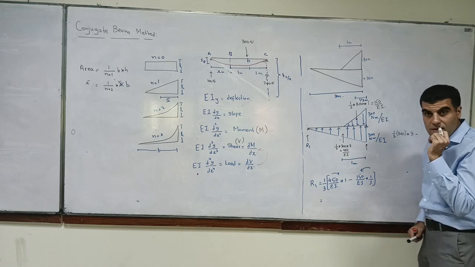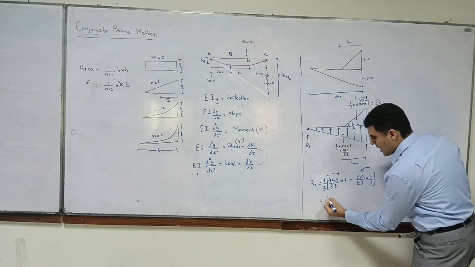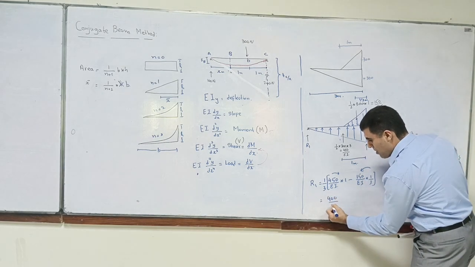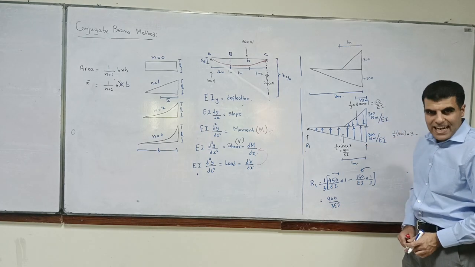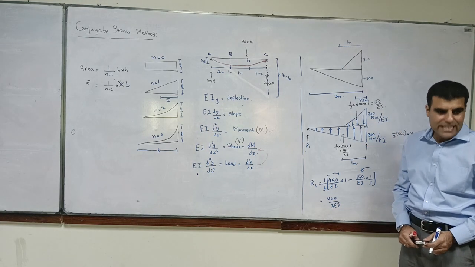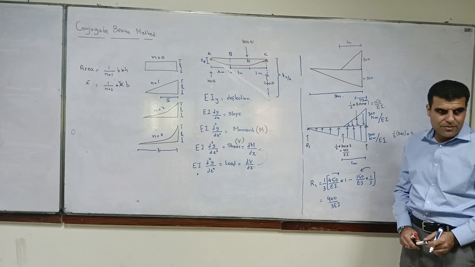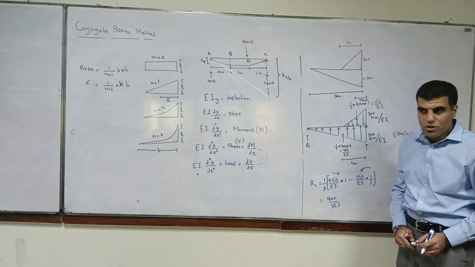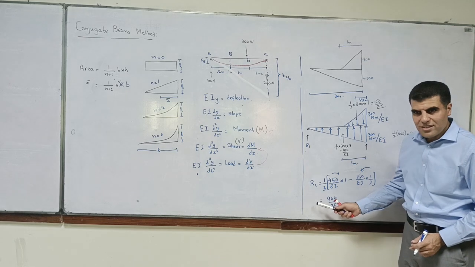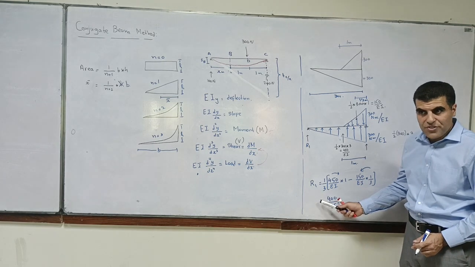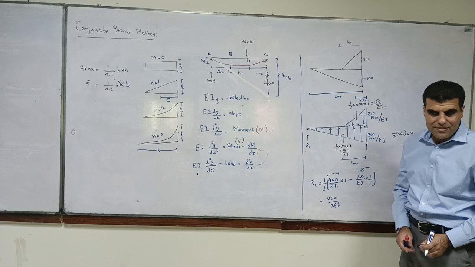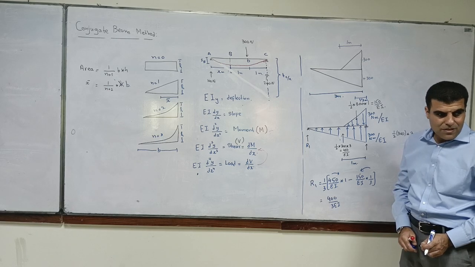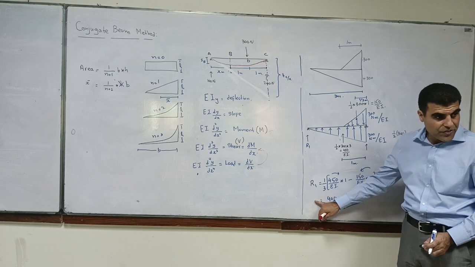How much? 403. And if you check your previous answer, theta A was 400 over 3 EI. Remember? So that is your R1. R1 is shear, and R1 is the reaction.